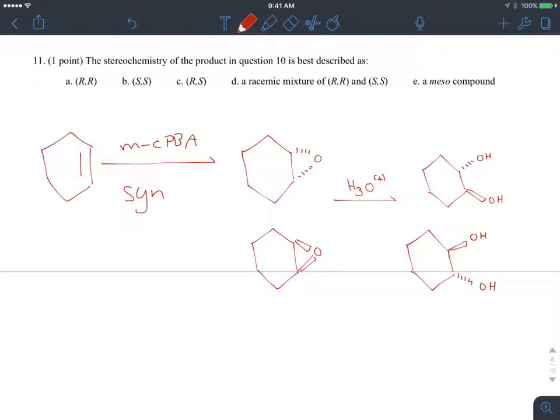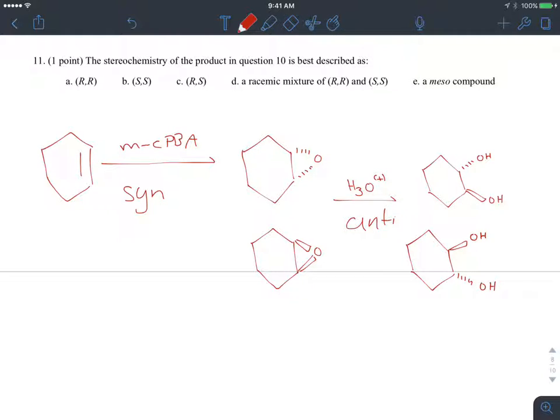Just as a quick reminder, MCPBA is syn, and then acid catalyzed opening of the epoxide ring is anti. Anti means that we're going to have opposite configurations for the alcohols in our product, and we went over that in question 10 as well.